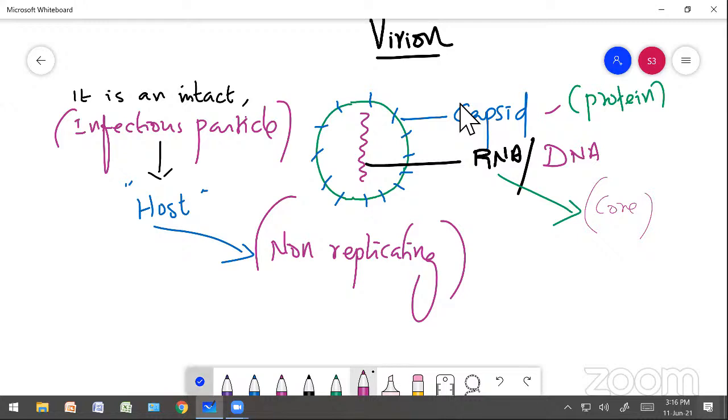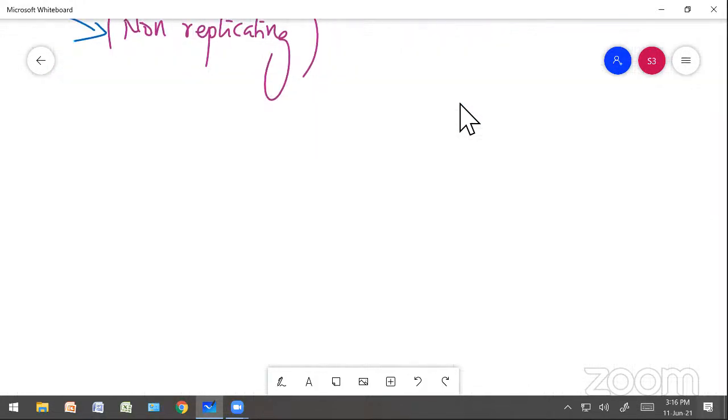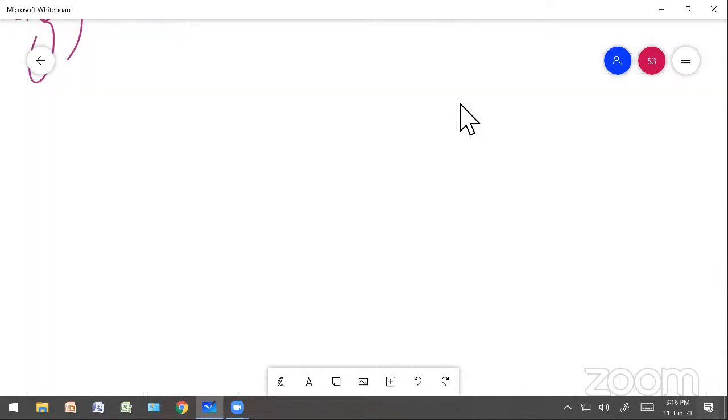Next we pass on to Viroid. The Viroid is also known as a small virus particle. It's not a bigger one. It's a smaller subunit of virus. I'm talking about the second category, that is the Viroid.